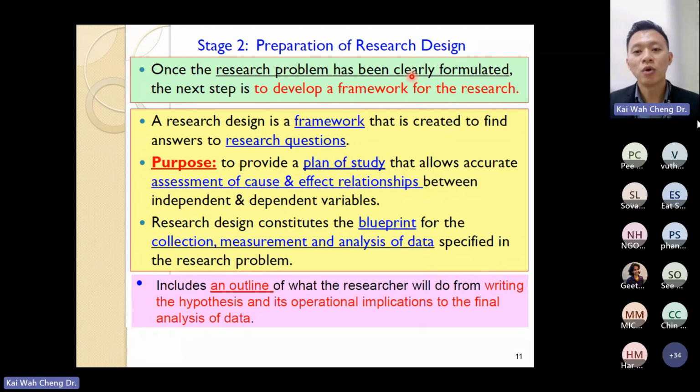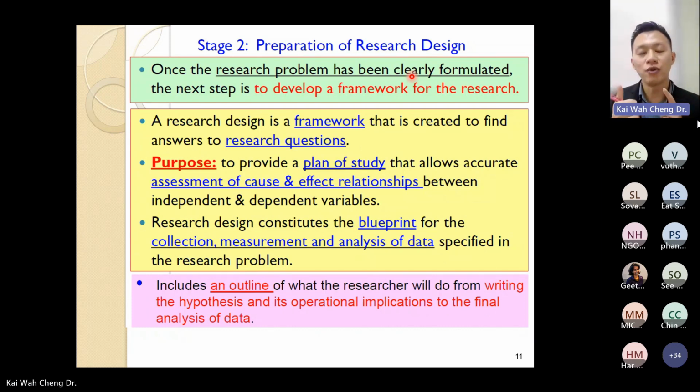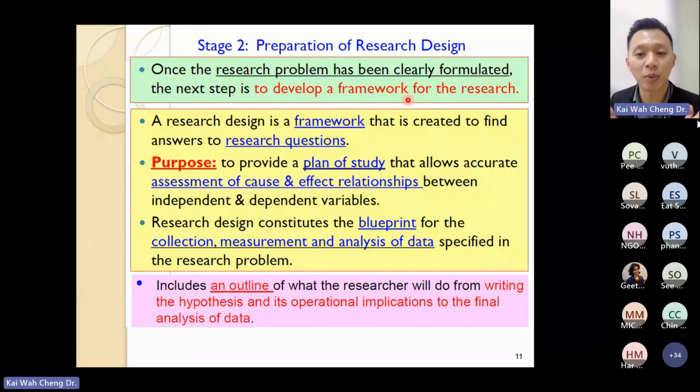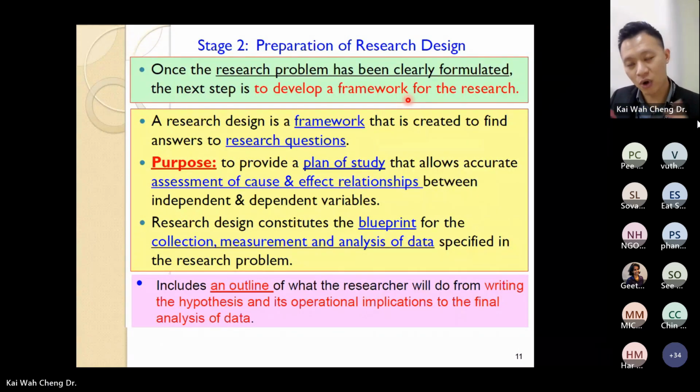Under stage number two, we need to have a research framework and we need to plan the duration of the entire project. And then, what are the possible or potential research hypotheses that you are going to test for the project or the research. So this is all about the research design.